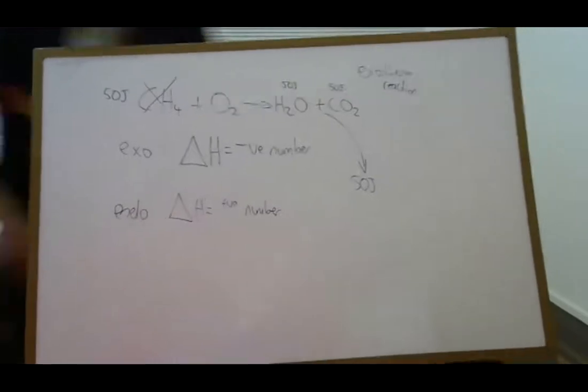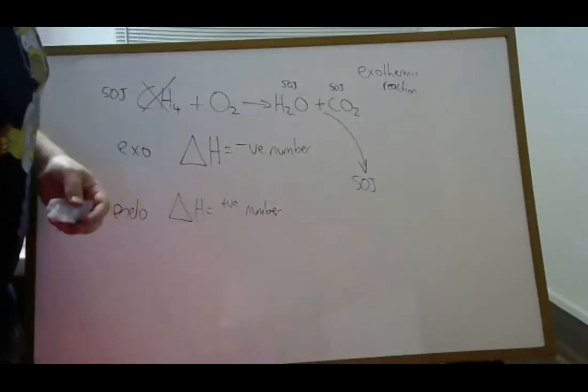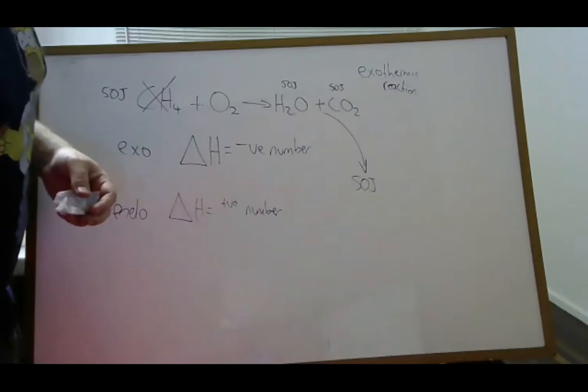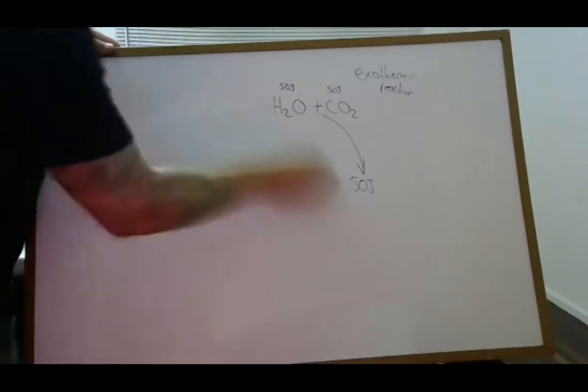So we have ways of predicting the outcome of a chemical reaction. So this is a double displacement reaction, meaning that the two things that began are no longer there at the end.